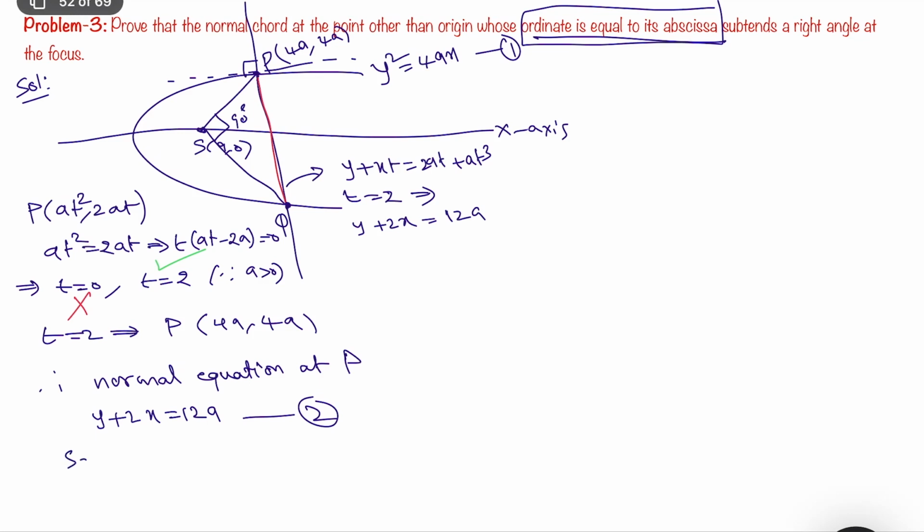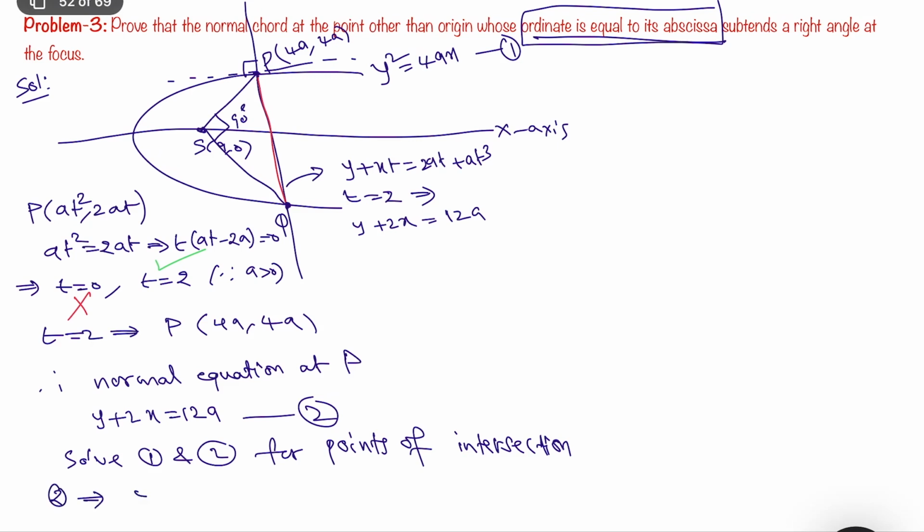Now let us solve 1 and 2 for points of intersection. From 2 we have y equal to 12a minus 2x. We put it in 1.